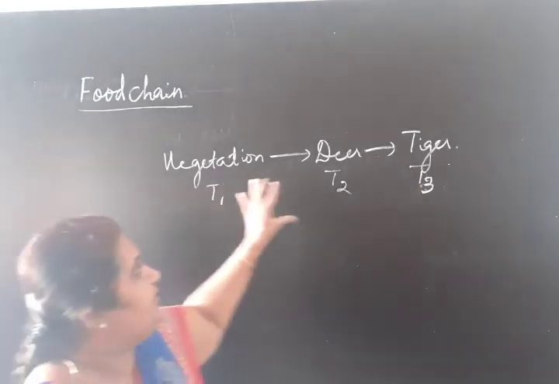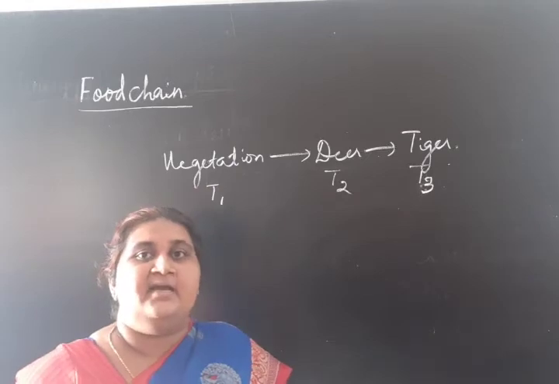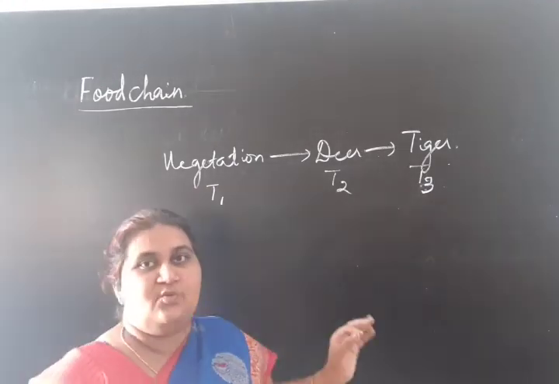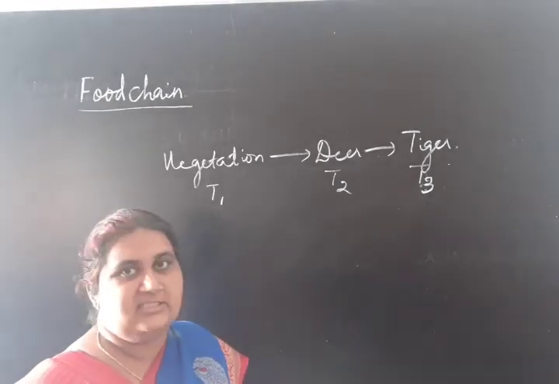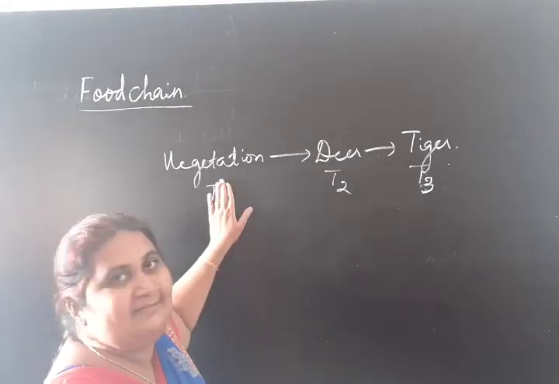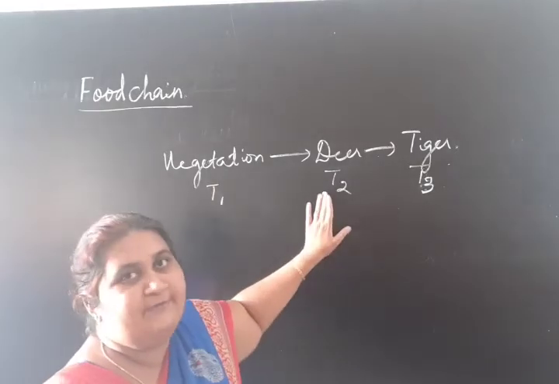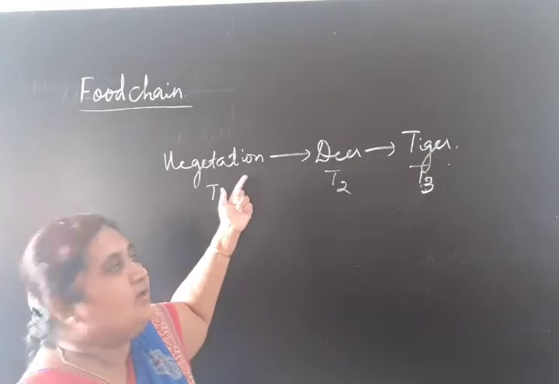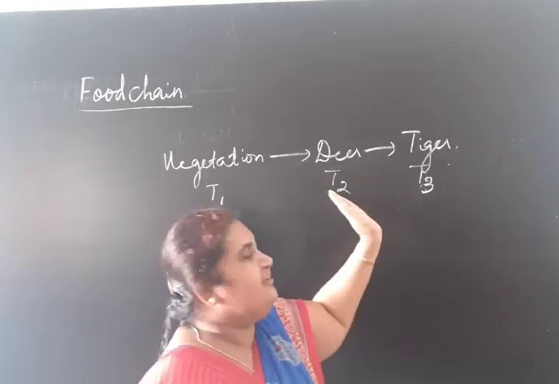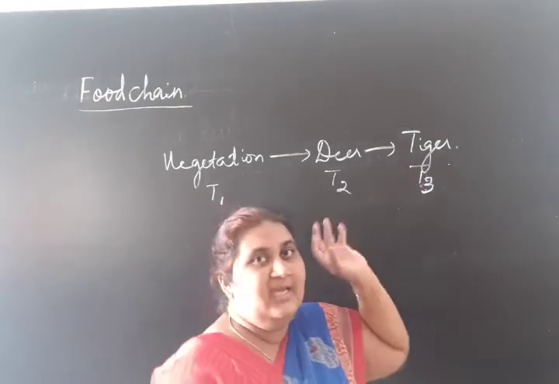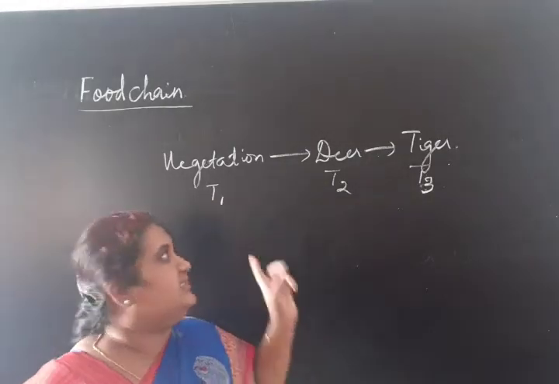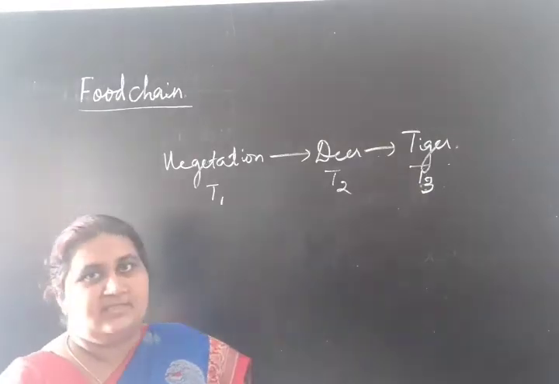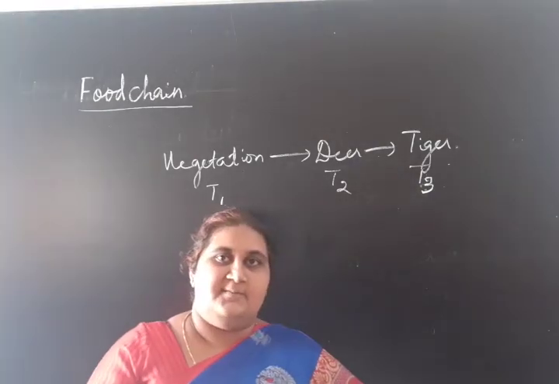Here different organisms are connected and interact among themselves for food and energy. Lower trophic level organisms become prey for the higher trophic level organisms. Deer feeds on vegetation, and in turn deer becomes the prey for the tiger. Eating and being eaten is seen within the food chain.